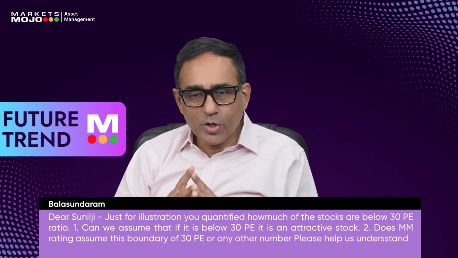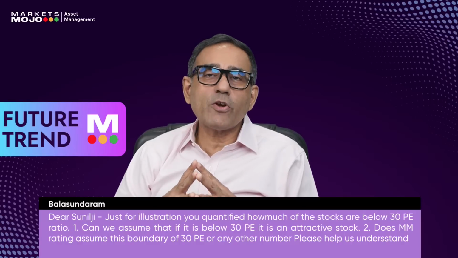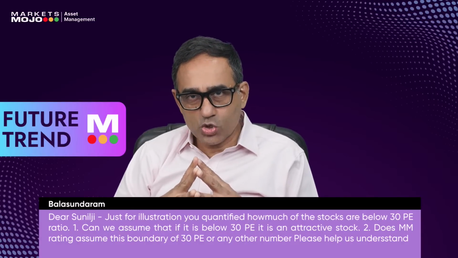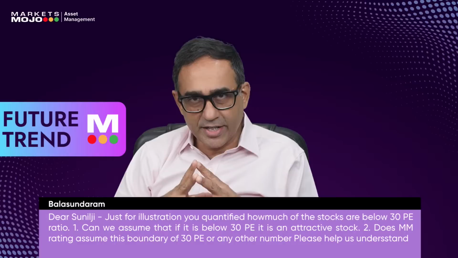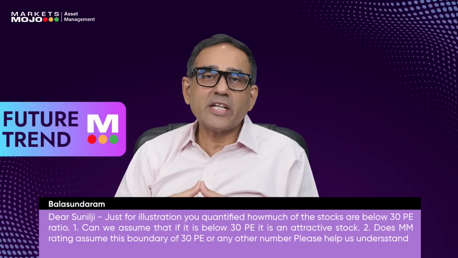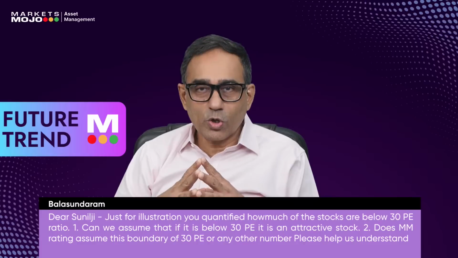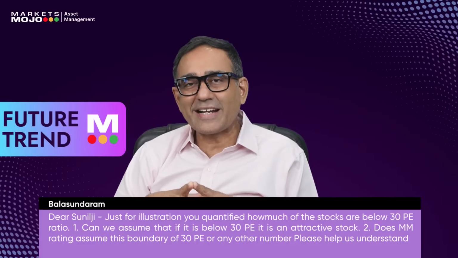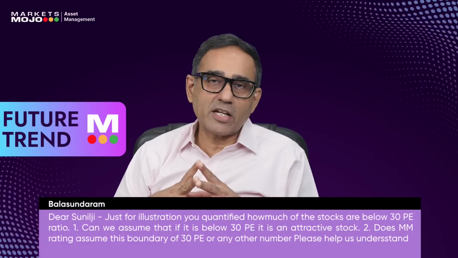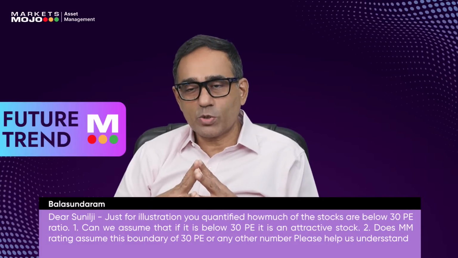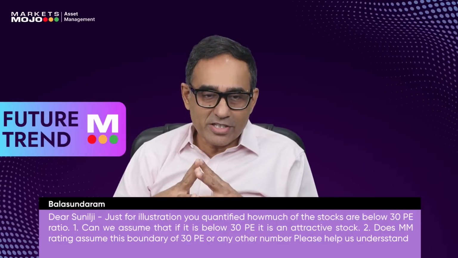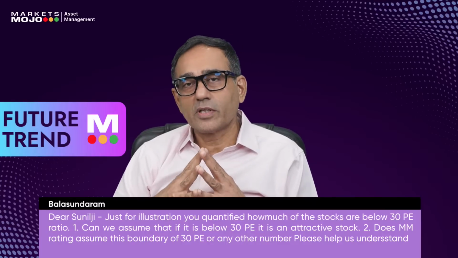So in our IP also, we look at relative PE, what this company has been historically commanding versus what it is commanding now. Then we also look at the industry PE and where it stands. We also look at the return on equity of that company and, based on that, what kind of price to earning it should be commanding. So I answer both questions, Balasundaram sir.